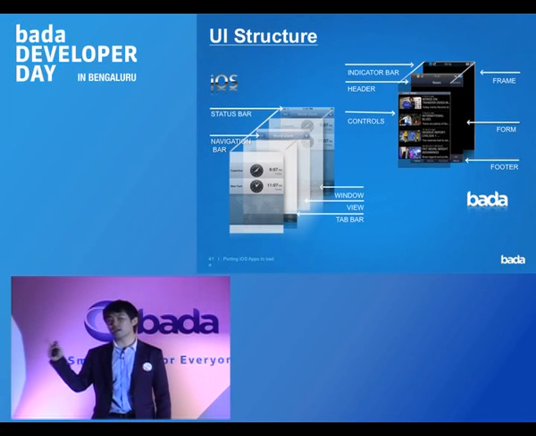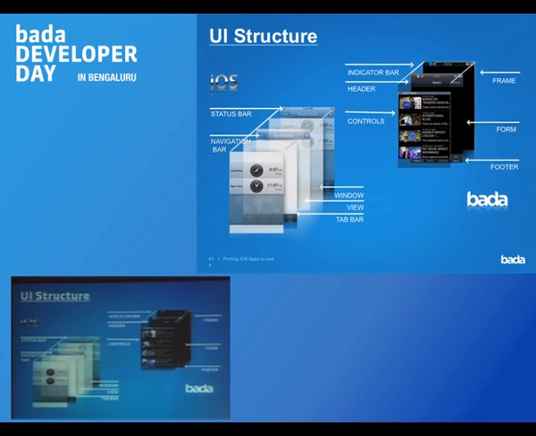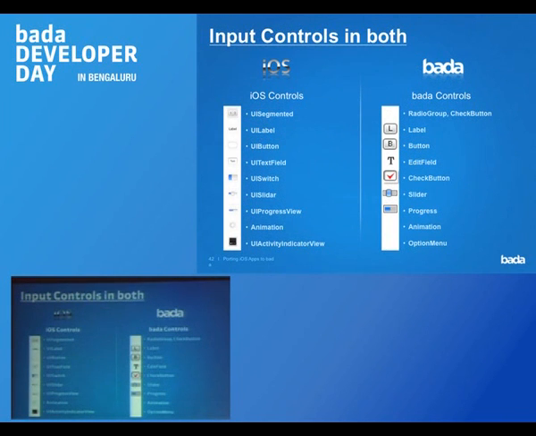And UI controls, UI components, like iOS UI outlets, can be added in the form or other panels, that kind of containers. This is the basic structure. So I will just list out what UI components it has, and what can be dealt with.